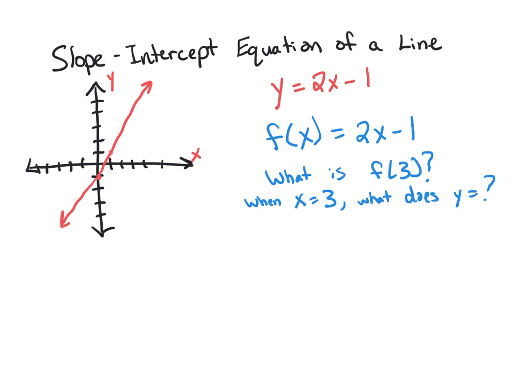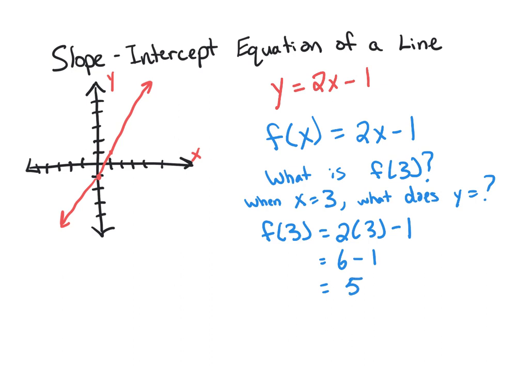And so what we do is we plug in 3 for x, and we simplify using our order of operations, or PEMDAS. 2 times 3 is 6, bring down the minus 1, 6 minus 1 is 5.